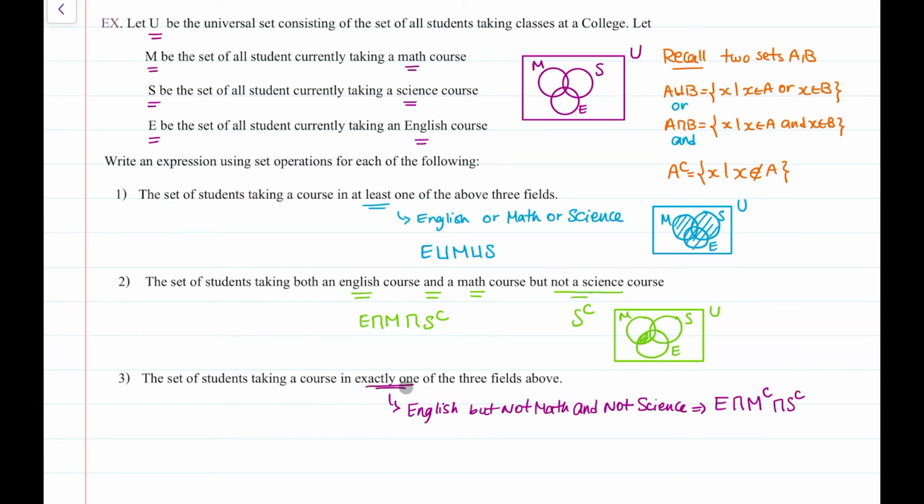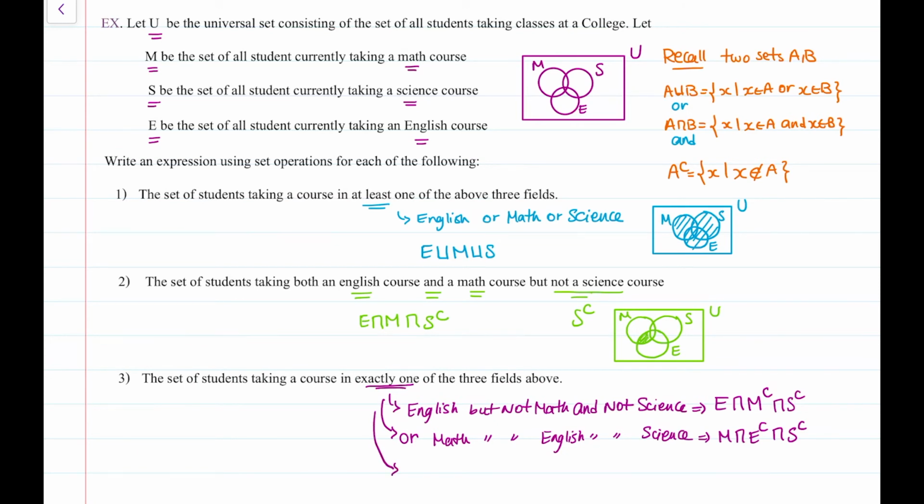Okay, so exactly one. So they may take English, or they take math but not English and not science. So in that case, they're taking math and they don't take English and they don't take science.